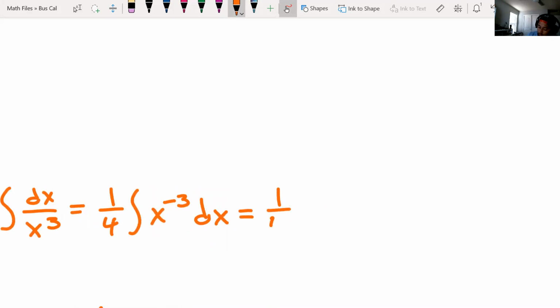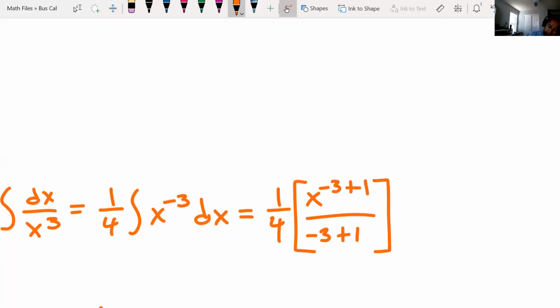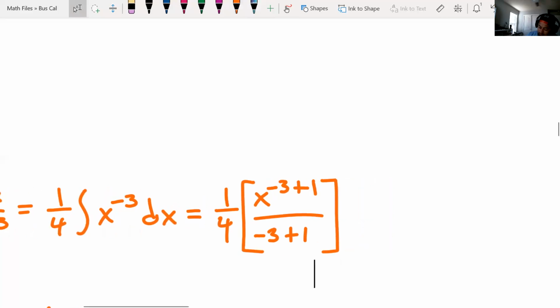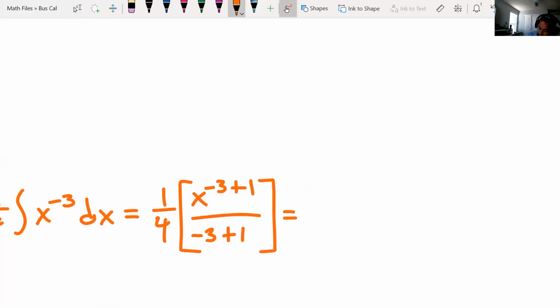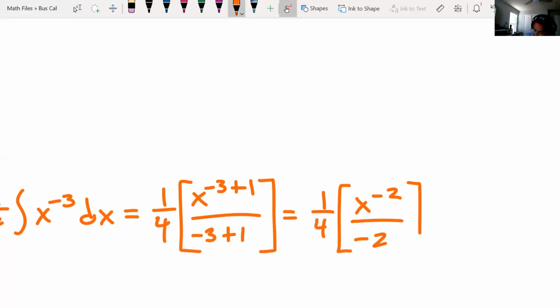Power rule, of course. That 1/4 stays out there, bracket for neatness, and you get x to the -3 plus 1 over -3 plus 1. Clean up. 1/4 times x to the -2 over -2.